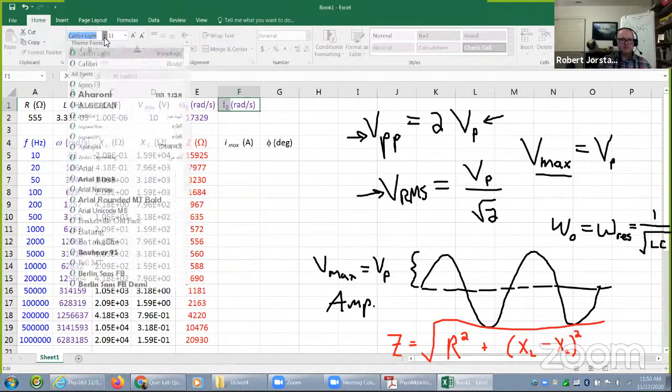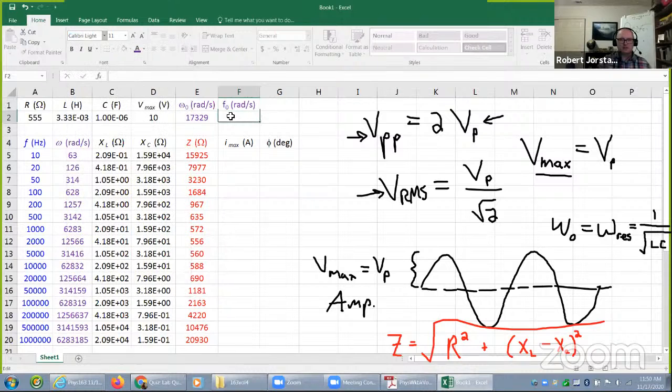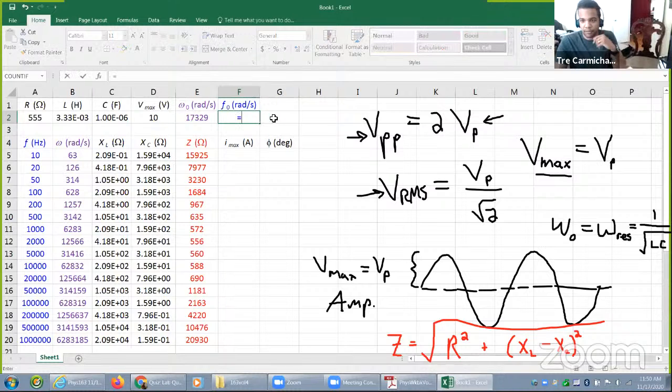Wait, what font were we using? Cambria or Calibri? Oh, there we go. How do I get the linear resonant frequency? How do I get F naught instead of omega naught? Divided by 2 pi.